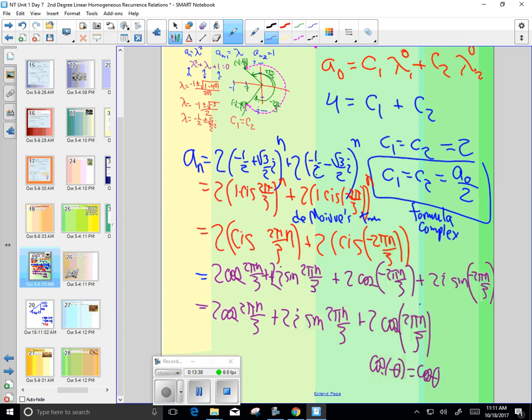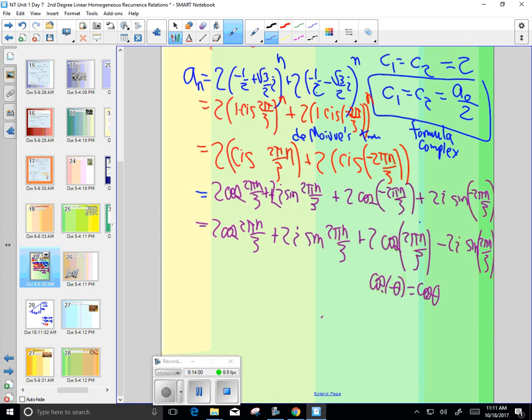If you take your arms like this, go up theta, down theta, what do you notice about the cosines? What do you notice about the sines? Opposite. So this is going to be minus 2i sine 2 pi n over 3. And that's because of the other identity. Sine of negative theta is the opposite of the sine of theta.